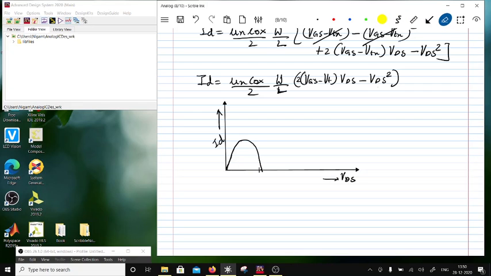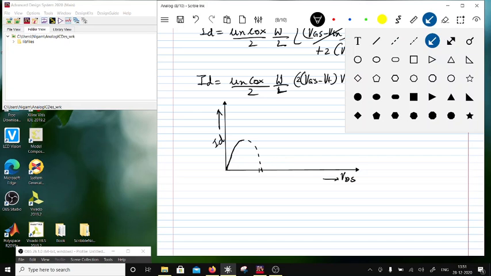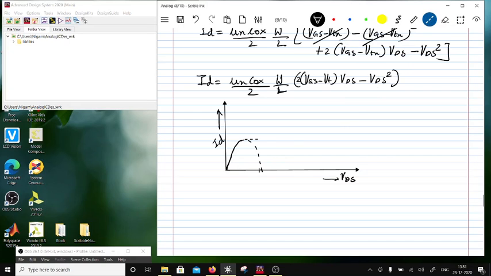Now at pinch off, this equation is not valid anymore, and the current is supposed to become constant after the pinch off, right?